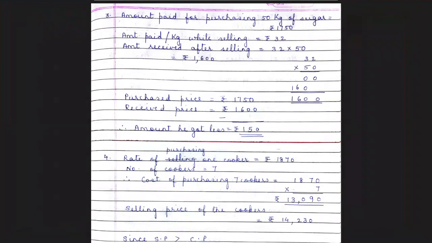Whereas he actually paid how much for buying it? 1,750. So which is a bigger number? 1,750 or 1,600? 1,750. That means he paid more money while purchasing it. And while selling, he got less money. So how much less money did he get? Subtract, you get your answer 150 rupees. Okay. Children, I hope that answer is clear to all of you.